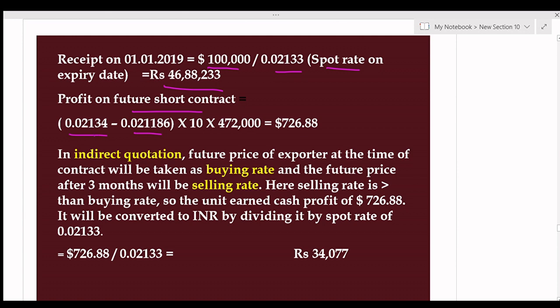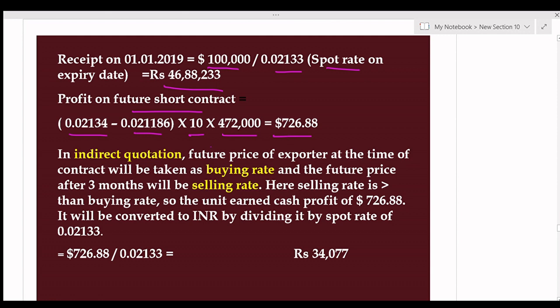Here it is just reversed. If the expiry future rate minus the spot future rate is positive, then the exporter will gain in an indirect quote. Multiplied with number of lots, multiplied with contract size, is equal to $726.88. Because this is the profit on the future short contract.